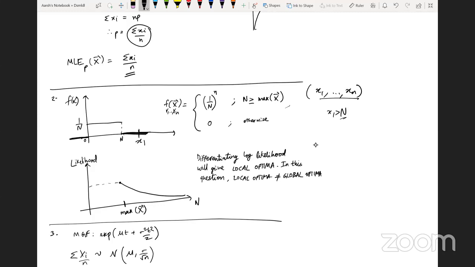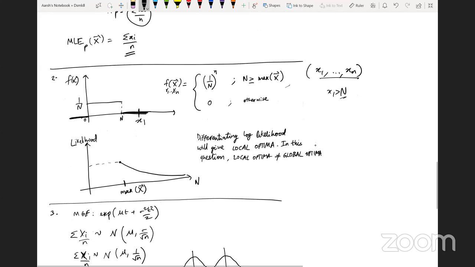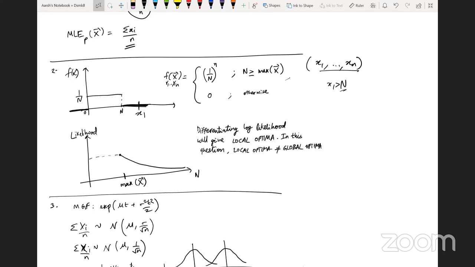Now, for each n, this joint distribution function is the likelihood function, and we want to find the value of capital N which maximizes it. One thing to note here is that differentiation is not always the way to find an MLE. If you plot the likelihood function for different values of n, for n greater than or equal to the maximum value observed, it will be 1 over n to the power n.